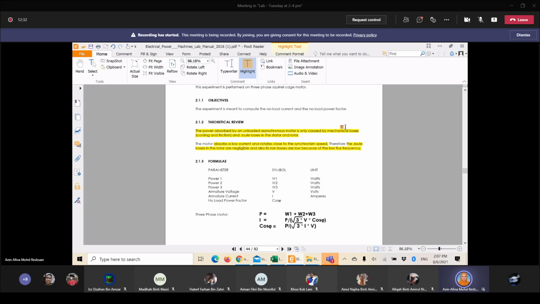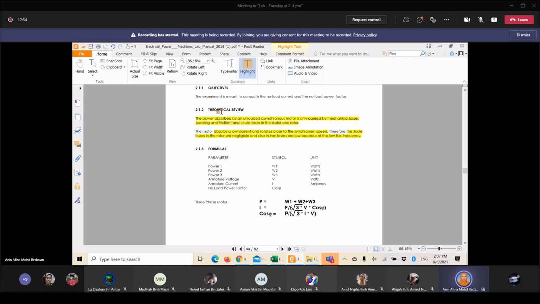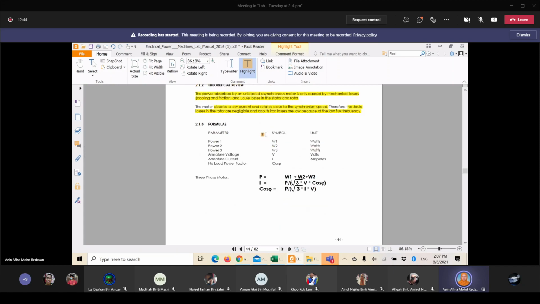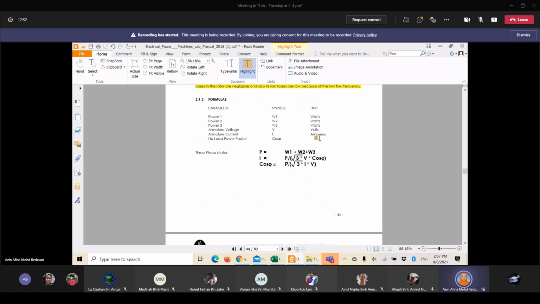Okay, so let us look at the theoretical review. The power absorbed by an unloaded asynchronous motor is only caused by mechanical losses and Joule losses in the stator and rotor, and it absorbs a low current and rotates close to synchronous speed.